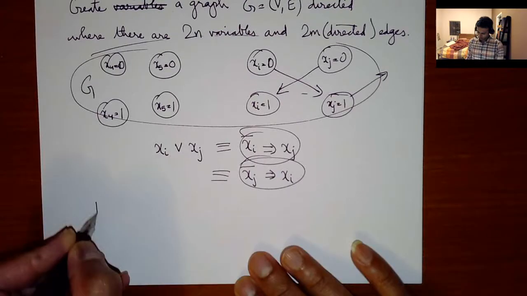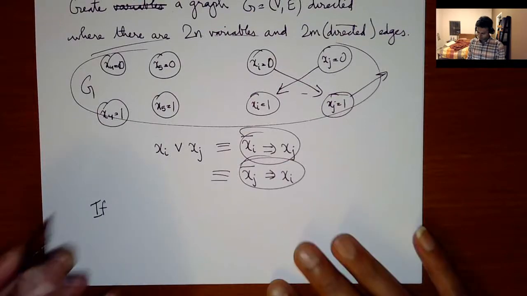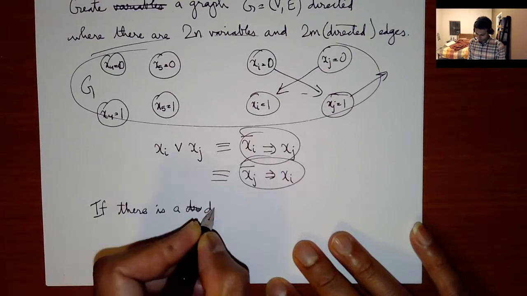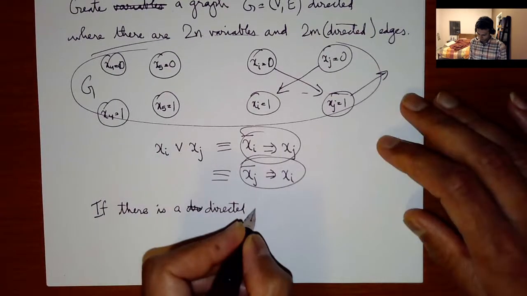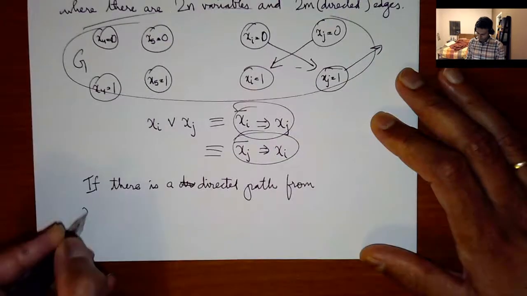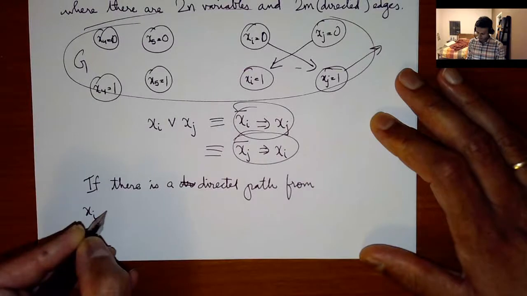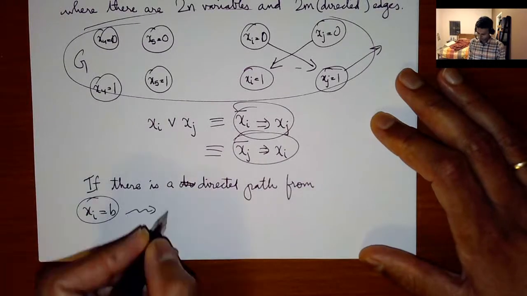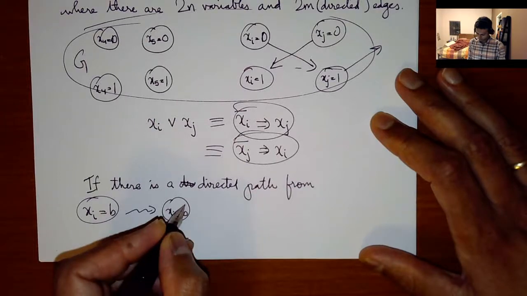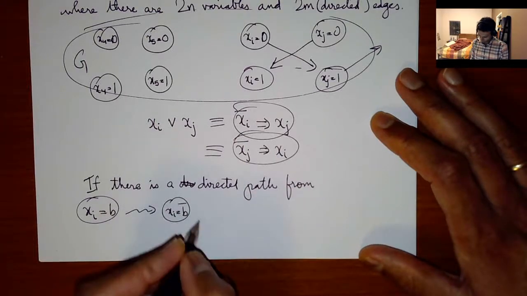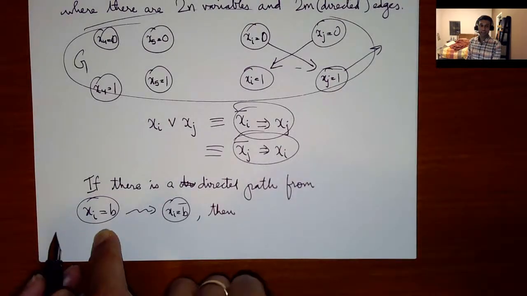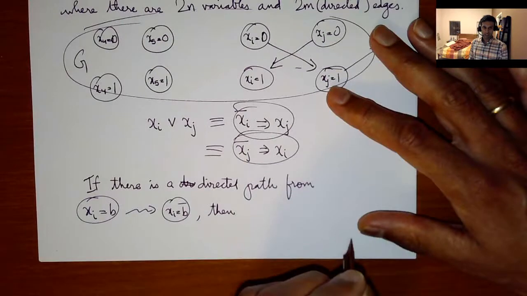So if there is a directed path from xi taking a value b, from this node to xi taking the negation of that, then you know that you cannot set xi to b in any satisfying assignment.